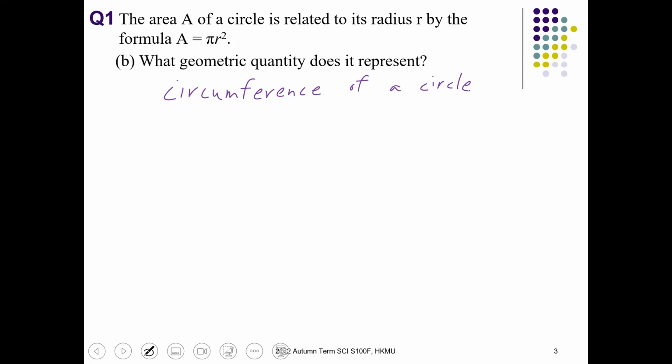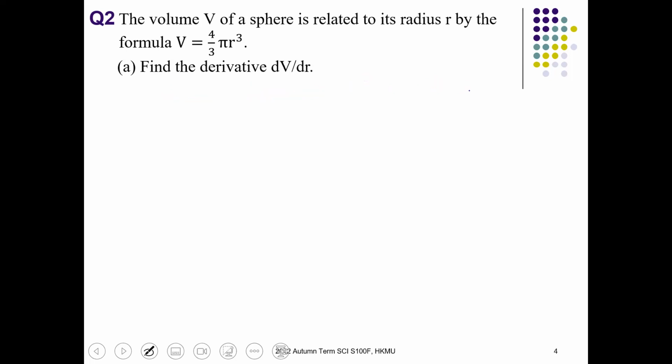Simply, question 1 is referring to 2D. We are considering a circle. And now in question 2, we move to 3D, that is a sphere. For the sphere, it is given that the volume is 4 over 3 pi times the cubic of r. The first derivative is similar to what we have in the first question. Just put down V in terms of the cubic of r.